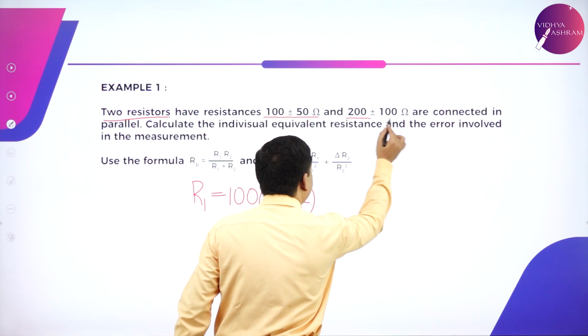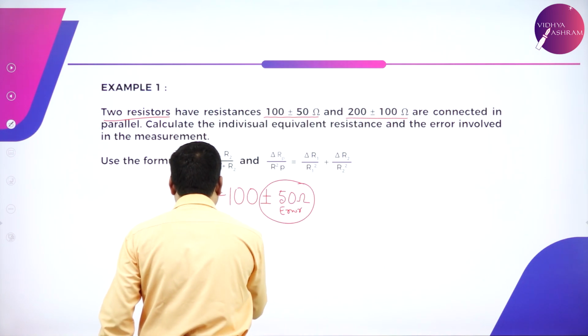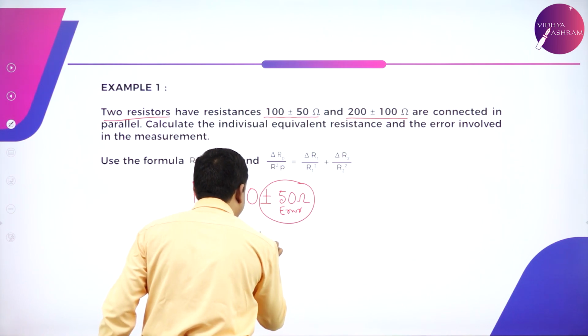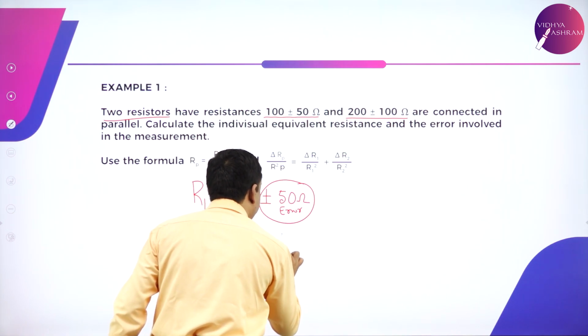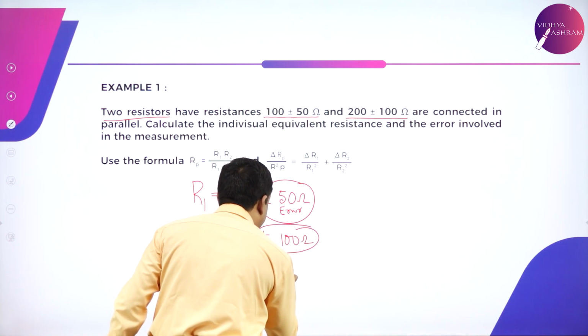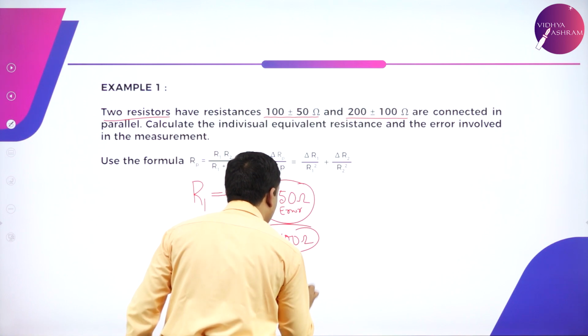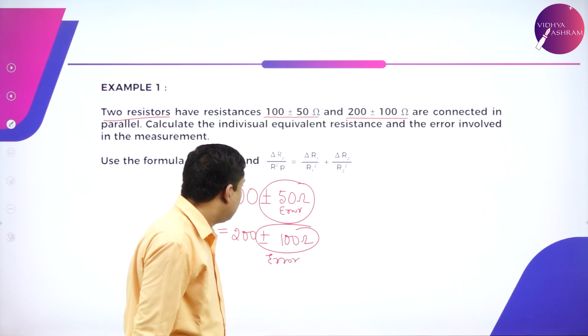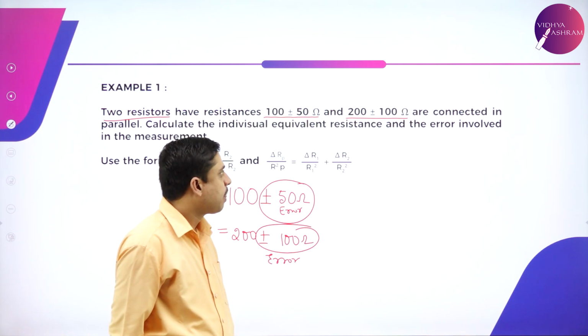And the value of the next resistance is 200 plus or minus 100 ohms. Again here the error is 200 plus or minus 100 ohms.